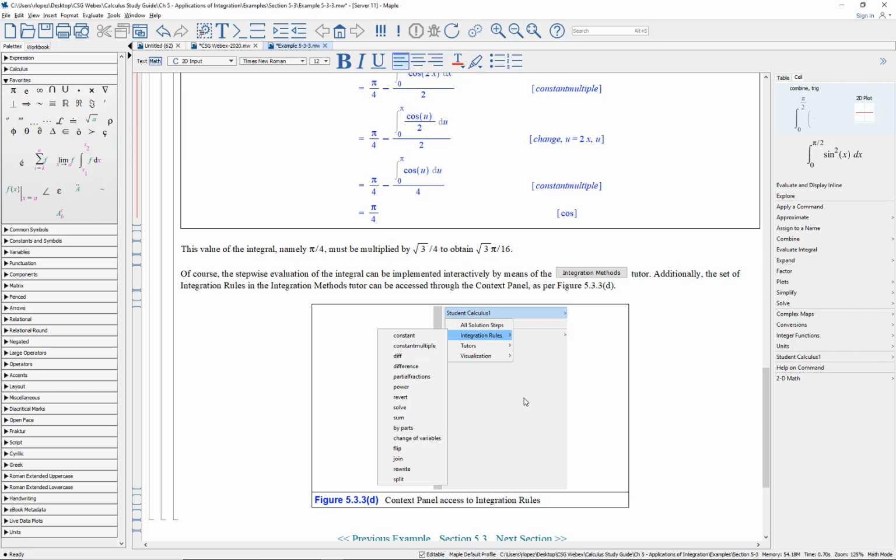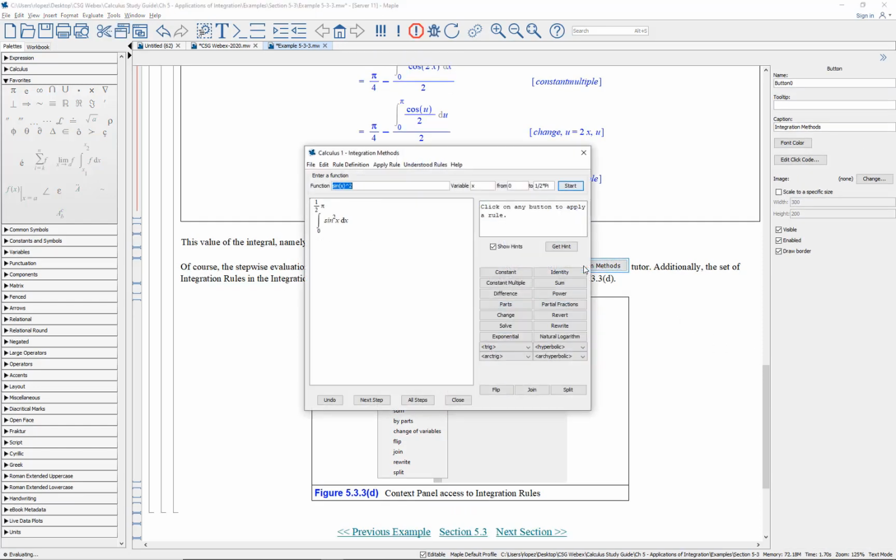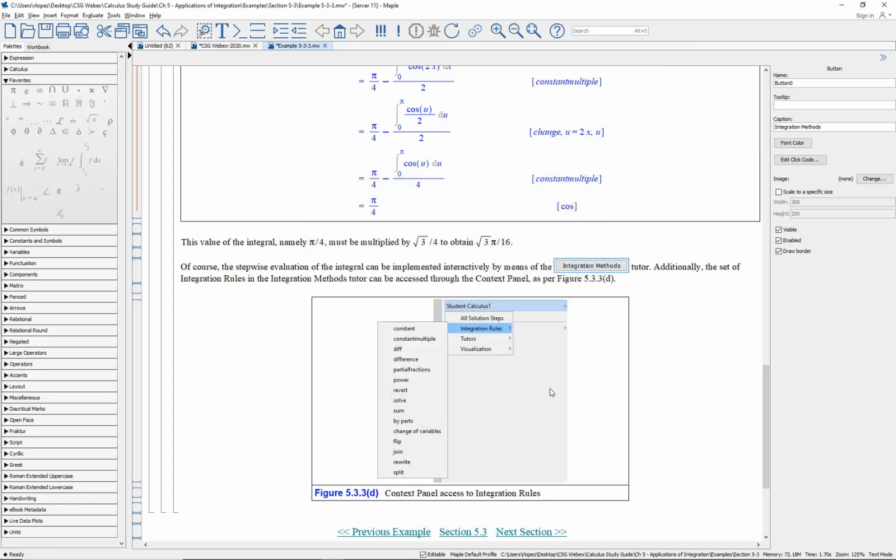So this is just a screenshot of what this Student Calculus 1 option in the context panel leads to. There is also the integration methods tutor, like the differentiation methods tutor, and you have again this option of using understood rules, which you don't get if you use simply the context panel.